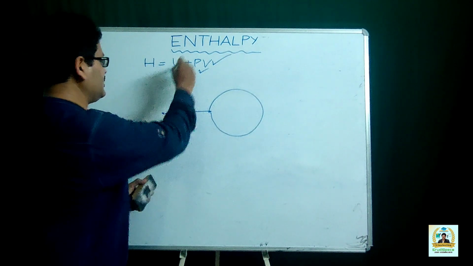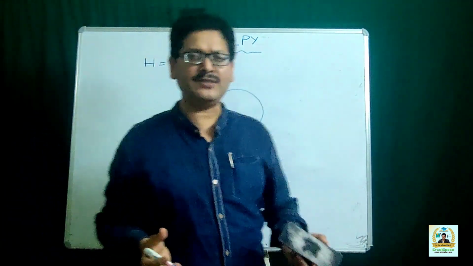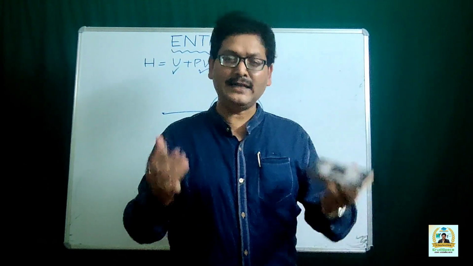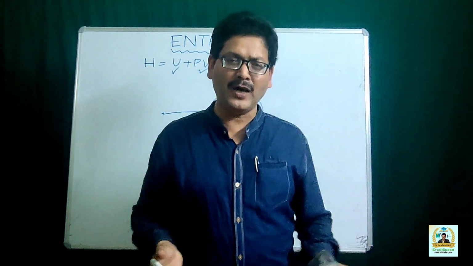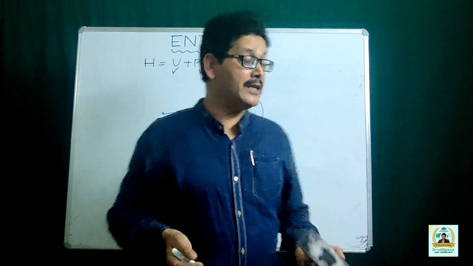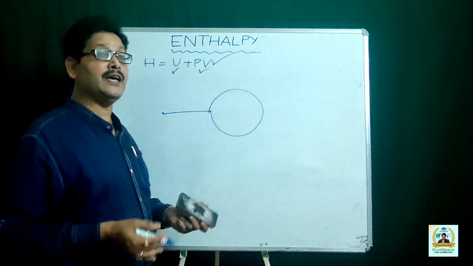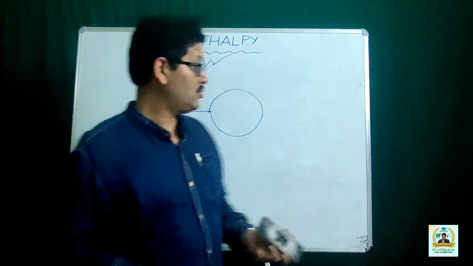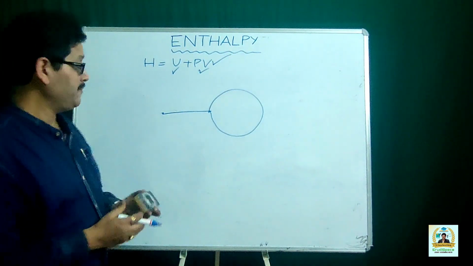One is internal energy, the second one is your pressure volume product. As I have already told you, internal energy is the sum of all microscopic energies, and PV is actually the amount of energy required to give physical dimension to the system.